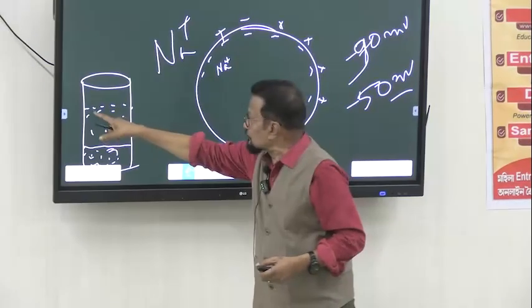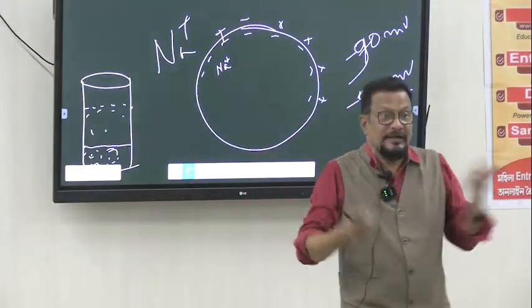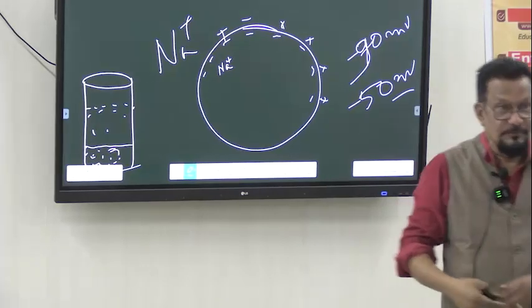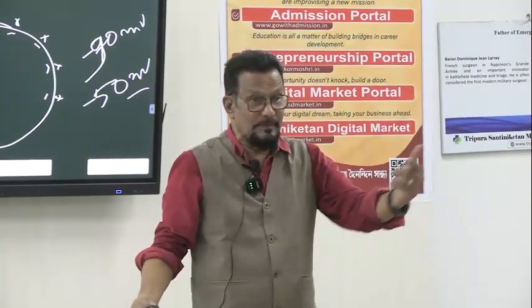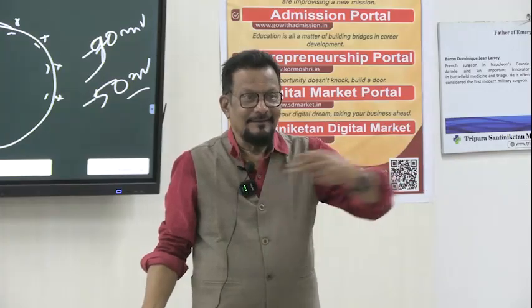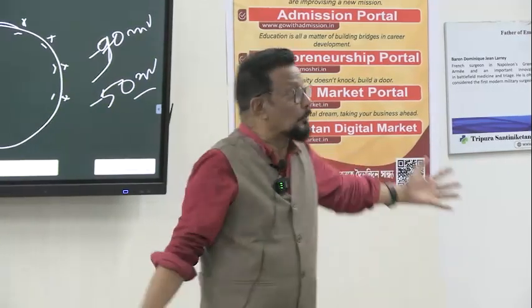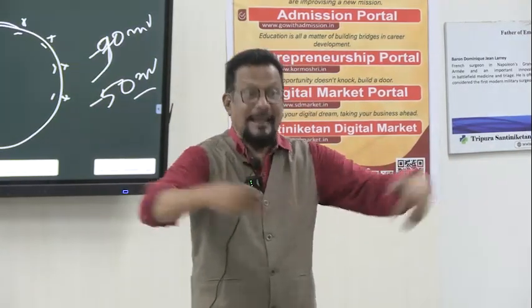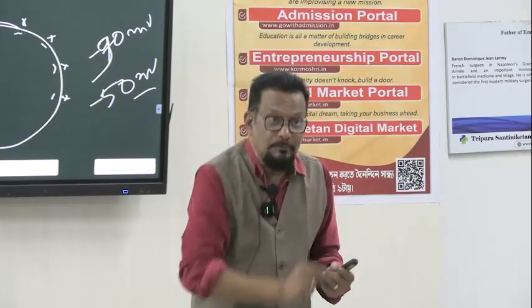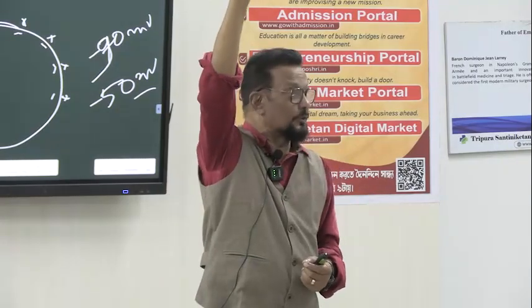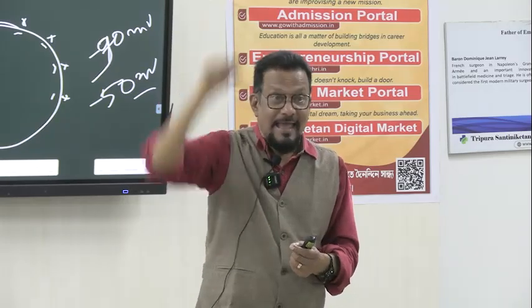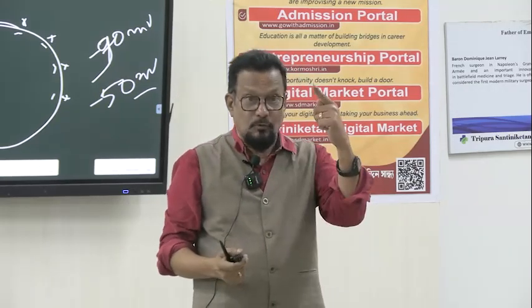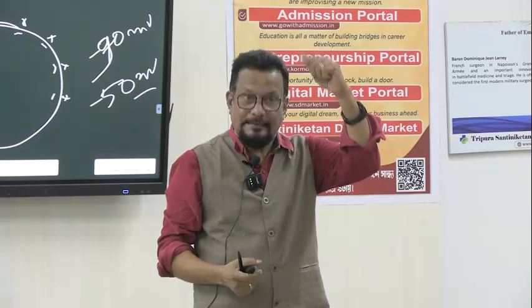When this depolarization comes to a particular level, suddenly a lot of doors become open. Door means sodium channels. So now a lot of sodium ion will be entering into the cell. There will be rapid influx of sodium ion and it will cause development of action potential. With this sudden movement of sodium ion, you will get action potential.